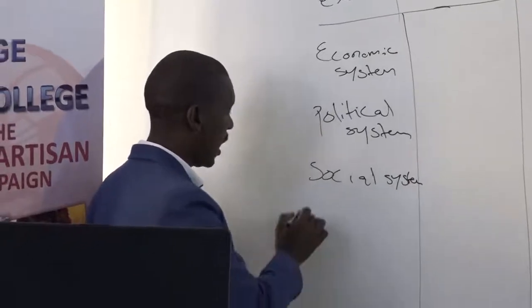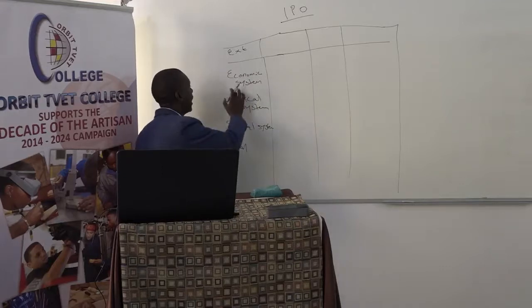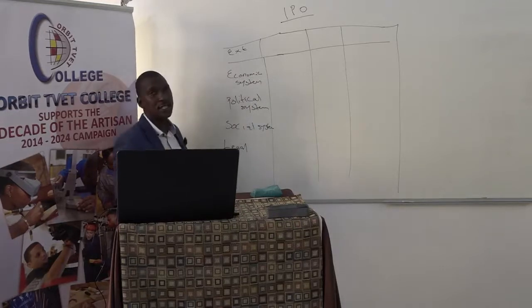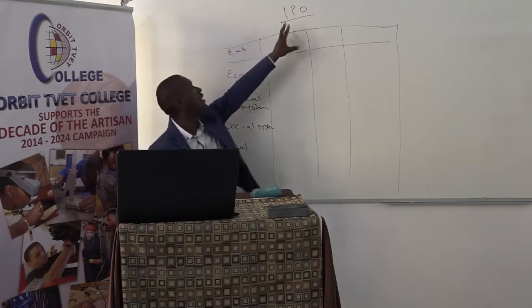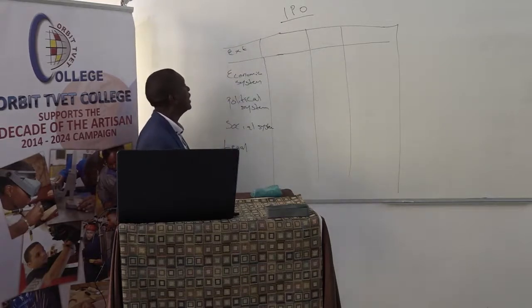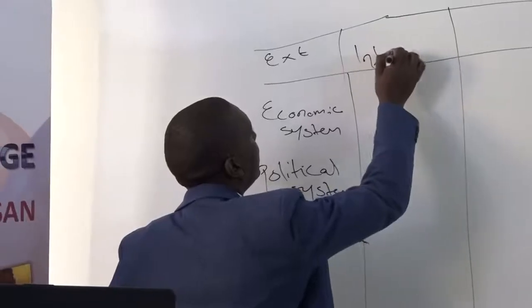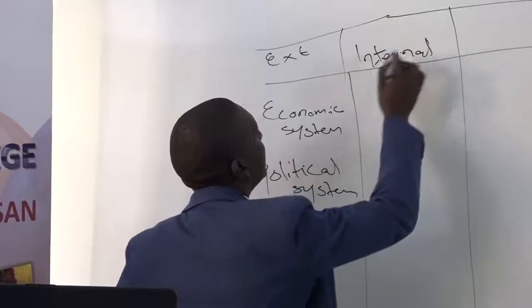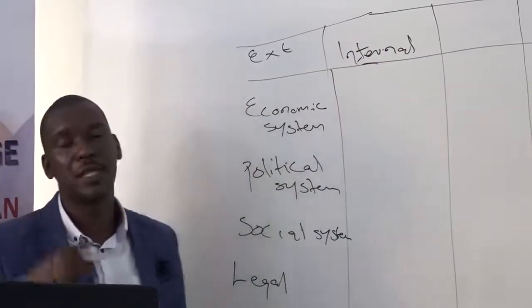Then we've got our legal system. These are the 4 systems that appear under the external input of labor relations. Then we go to the internal input. Internal input are the things that influence the labor relations within the system.